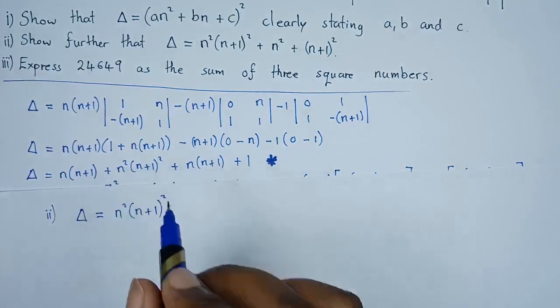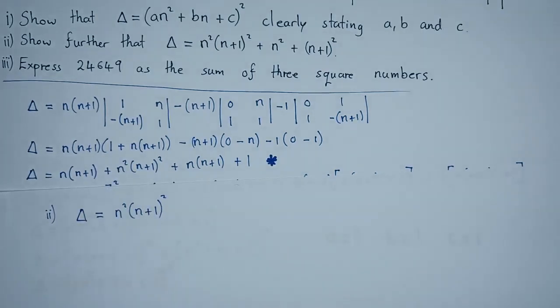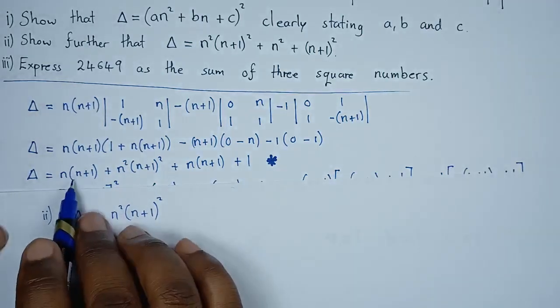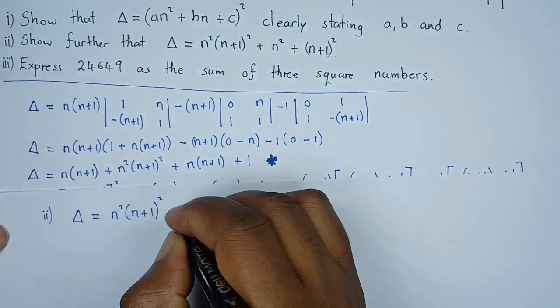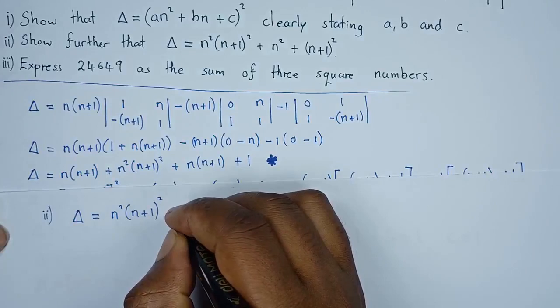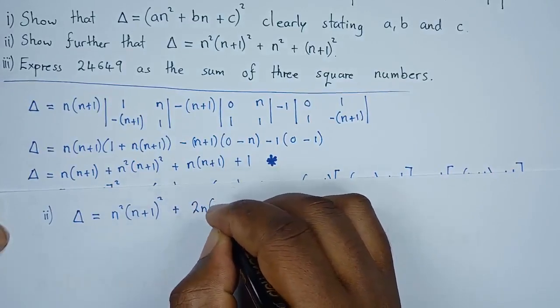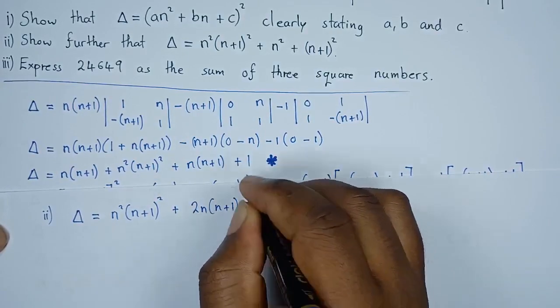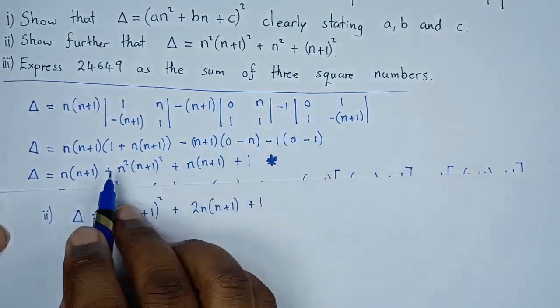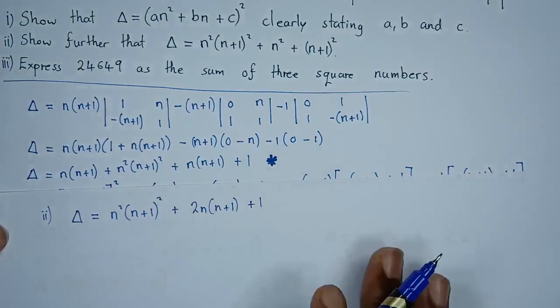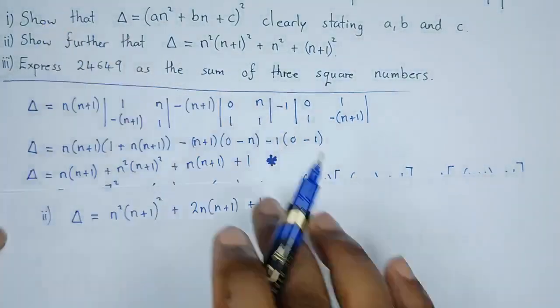Then we have these two expressions for n minus 1 multiplied by n. So what I can do now is I can group like terms. I'll get this and this, I'll put them together. What I'll get will be 2n plus 1, and lastly plus 1. So I just put these two together because they're like terms. That's what we have. So I've picked it up from here, not from the beginning.